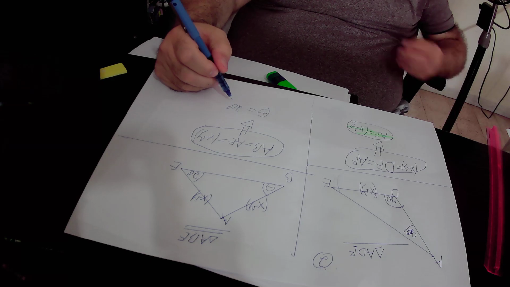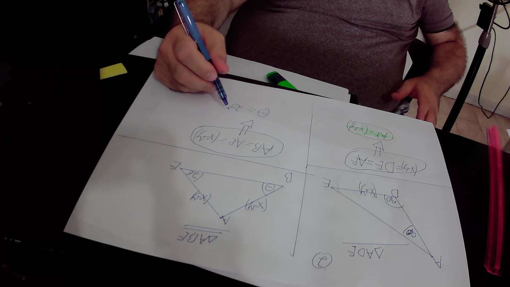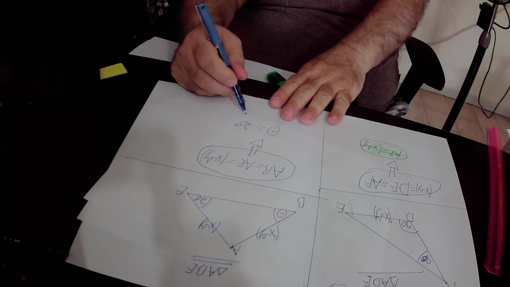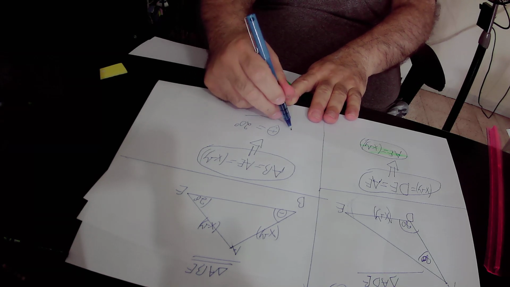According to the rule, those two angles must be equal to each other because they are located in front of equal sides. That is to say, angle theta equals 20 degrees.